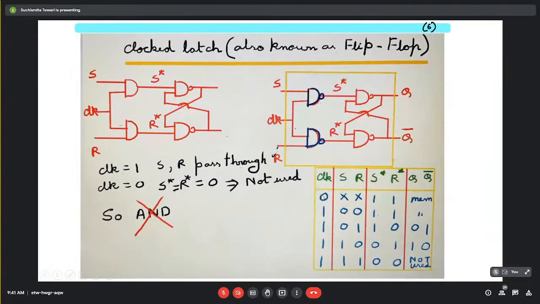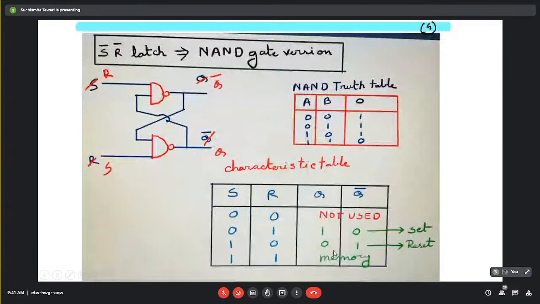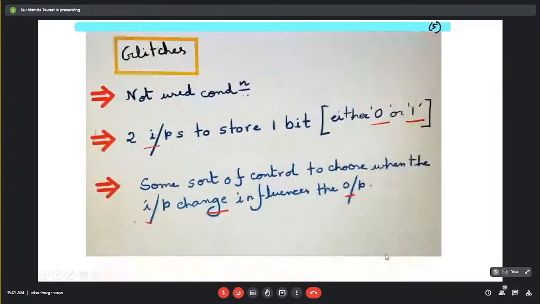When clock is disabled, no matter what the value of S and R is, I am putting a don't care over here. The output, that is S star and R star, will always be 1. And when S star and R star is 1, this is actually the memory state. Here in a NAND gate based latch, this is serving as the memory state.